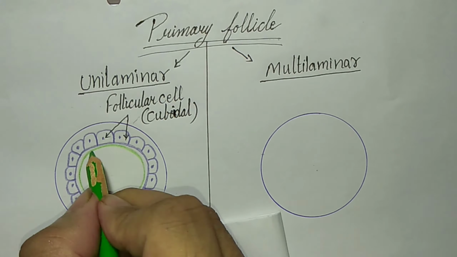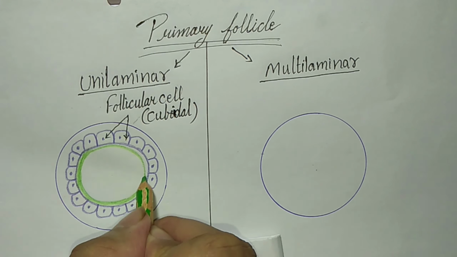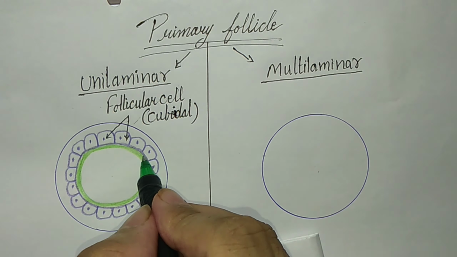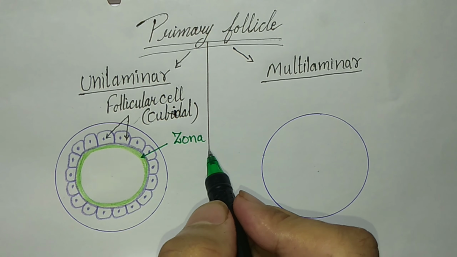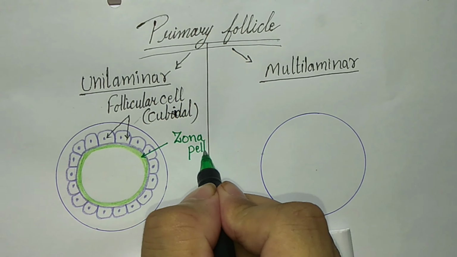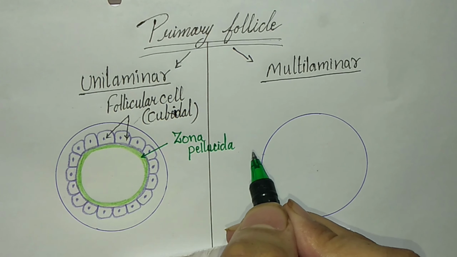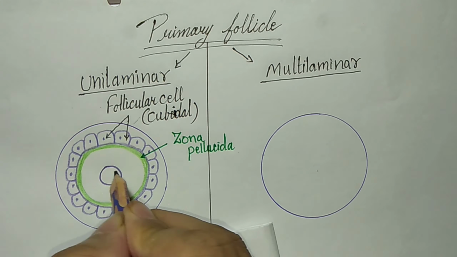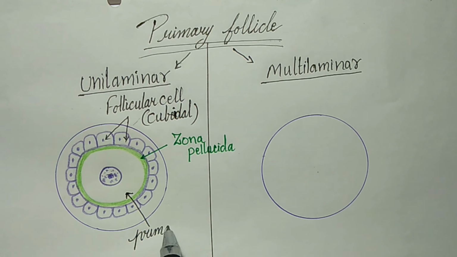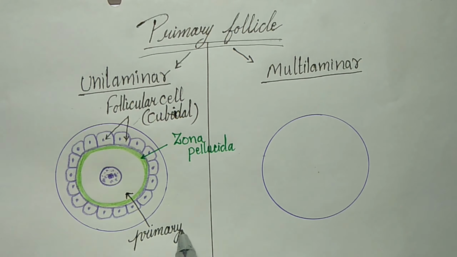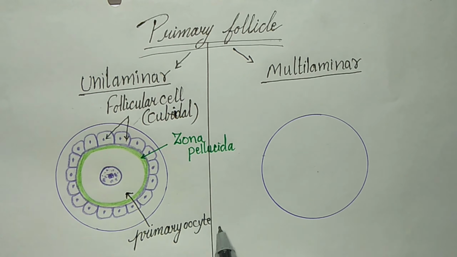And in green color this is ZP. ZP means zona pellucida. Here is the structure of primary oocyte.